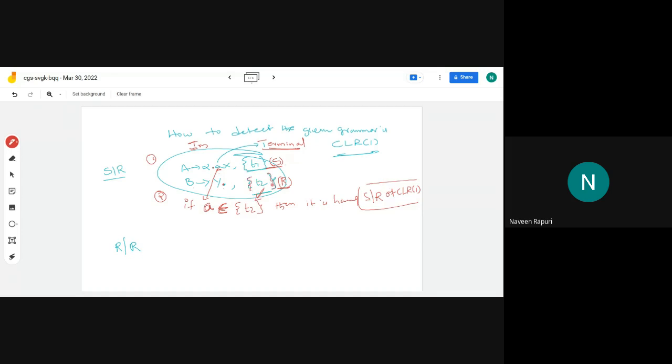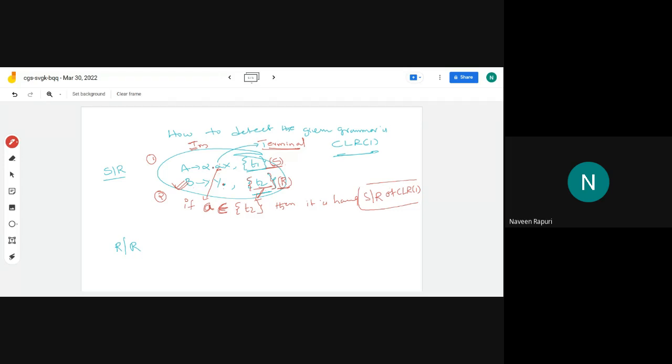T2 is the lookahead symbols of the reduced production. That means if the lookahead symbol of the reduced production matches the shift symbol, then that is not the CLR1 grammar.